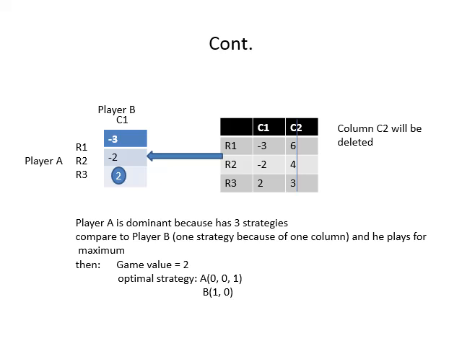Now player B has one strategy, which concerns column C1.